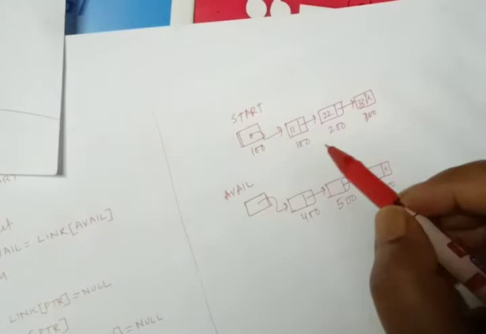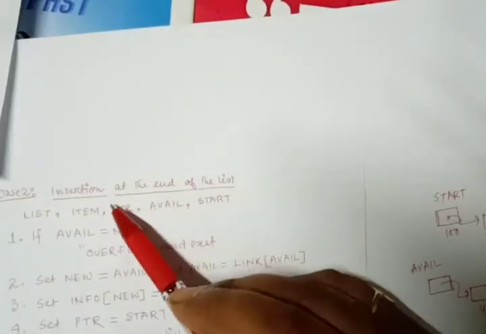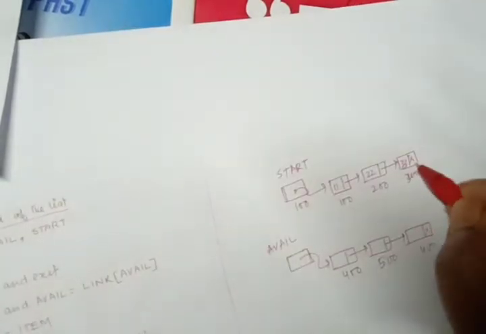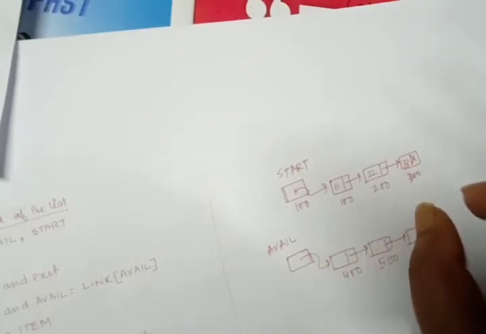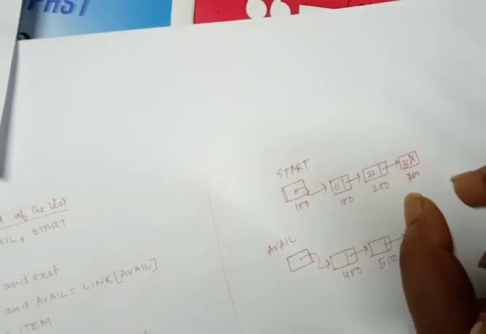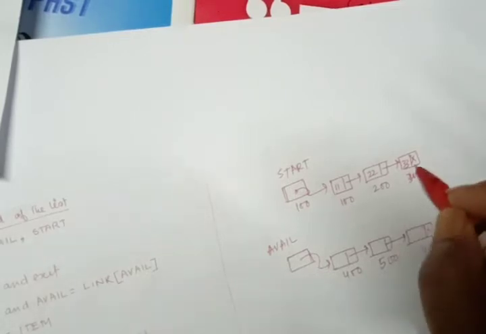Now, in this case, there is insertion at the end of the list. So here we'll insert a new node. A node will come out from the avail list, and we'll put that node at the end of the list here. So this is the algorithm. Here you see.